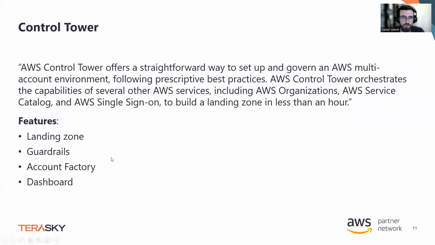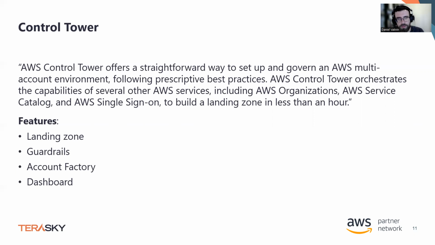So when you deploy Control Tower, you actually deploy the landing zone. It's one click, and it takes around 1 hour or something like that to deploy the common landing zone structure. So this audit security account, the log archive account, the OUs, the SSO and all the rest that we talked about is deployed with one click using Control Tower.